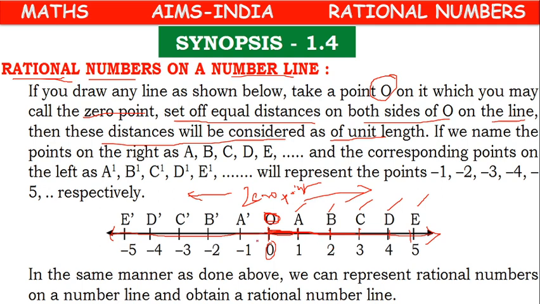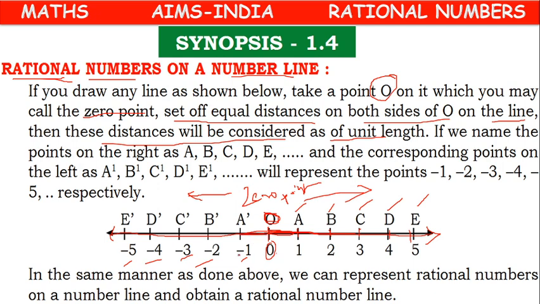In the same way, on the left hand side also, with unit length intervals, we represent numerals like -1, -2, -3, -4, -5. Why are they negative? Because on the number line, left side values of 0 are always negative integers. Their numerical distance is the unit distance only.